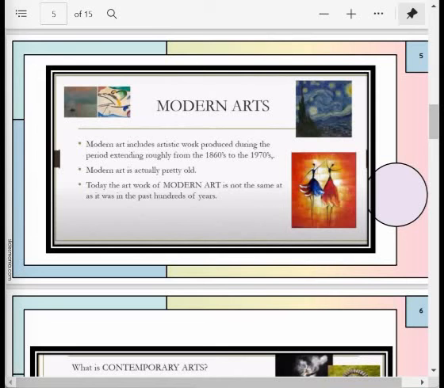Artists were committed to developing language of their own, original but representative. What this means is that artists drew the world but in their own terms.